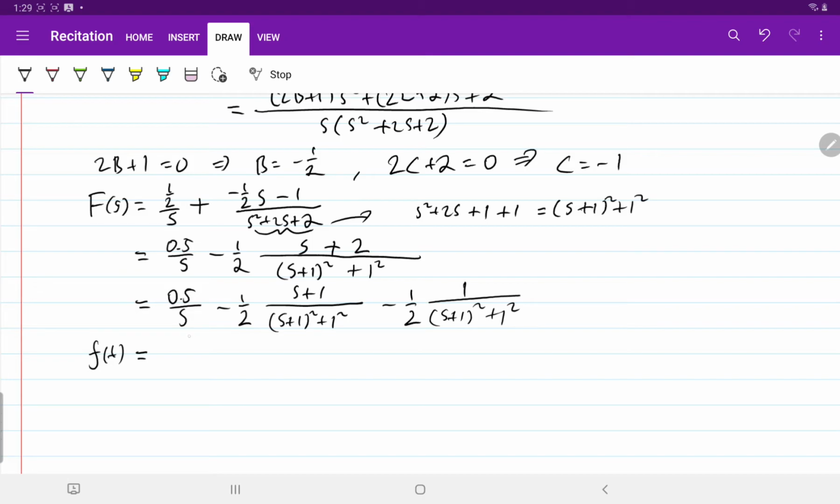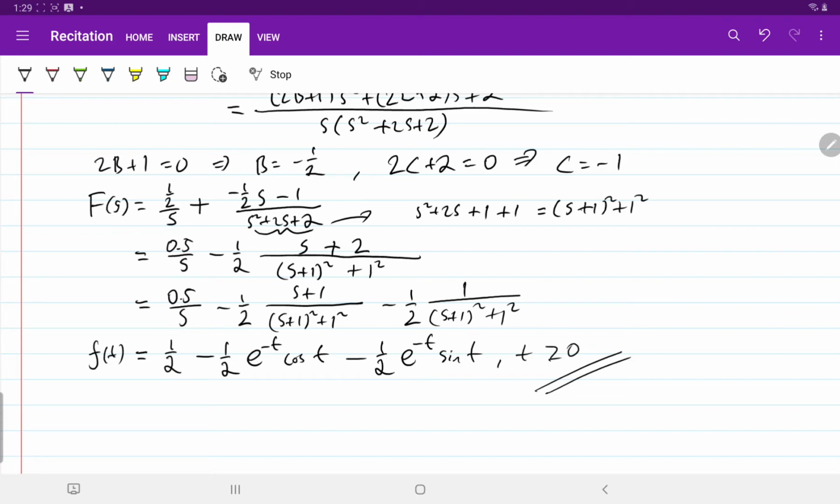So the inverse of 1 over s is 1, so you have 1 half, and then minus 1 half. So this term is e to the power minus t cosine t. This one is 1 half e to the power minus t sine t for t greater than or equal to 0.